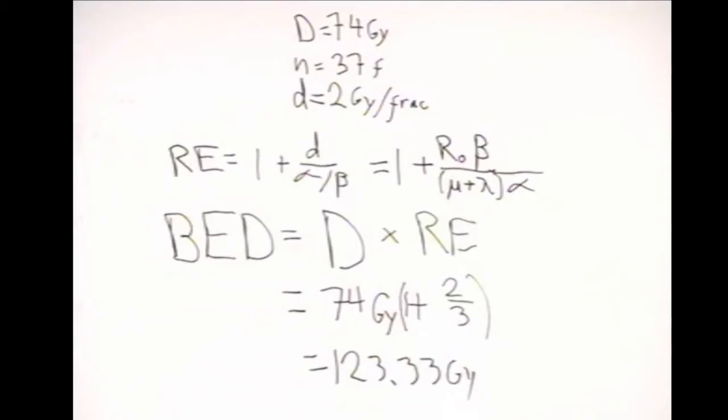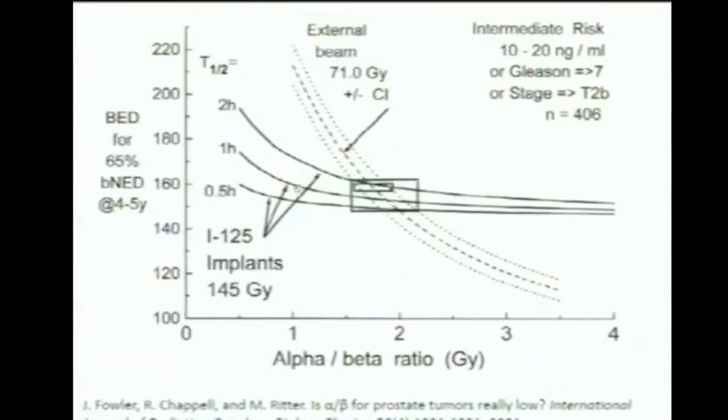So if you use this for RE for the brachytherapy, and use this expression here for the EBRT, and you plot the curves, you would get these curves right here. And this is for EBRT where big D equals 71 grays, and little d equals 2 grays per fraction. Remember, this is the EBRT treatment regimen that's equivalent to using iodine-125 implants.